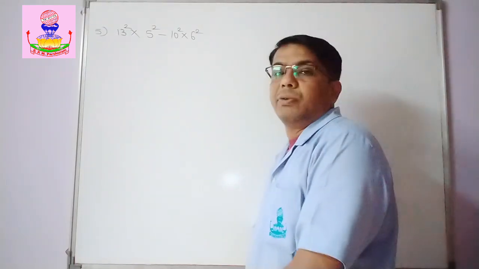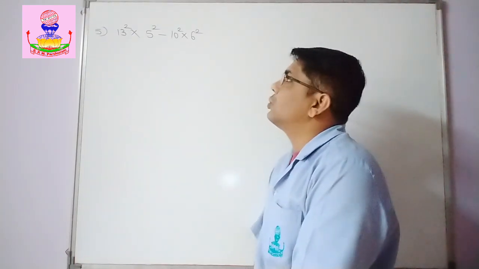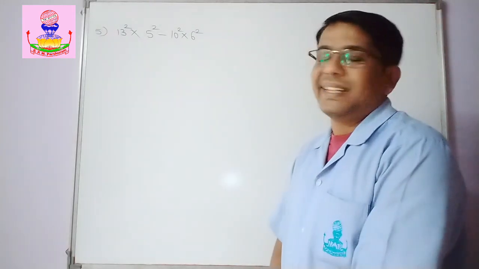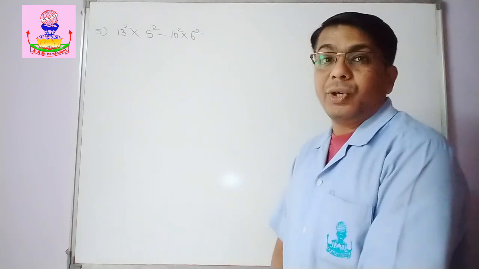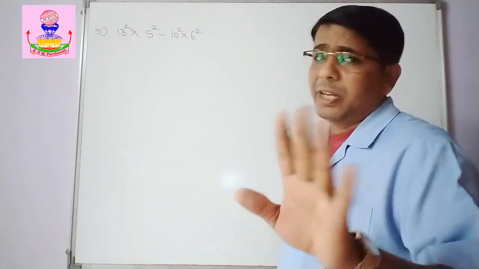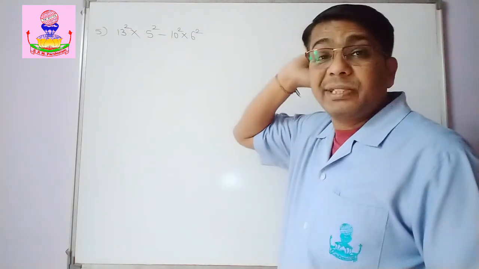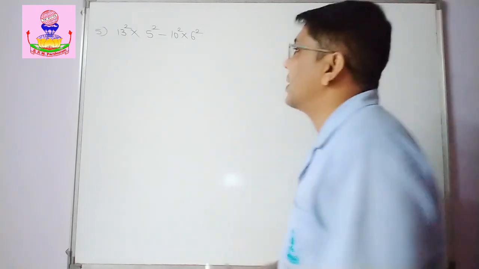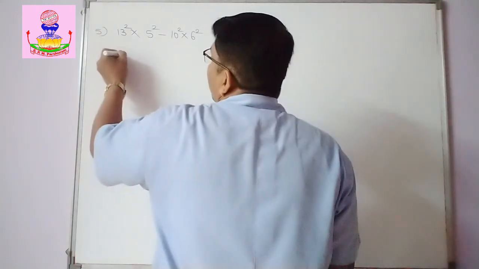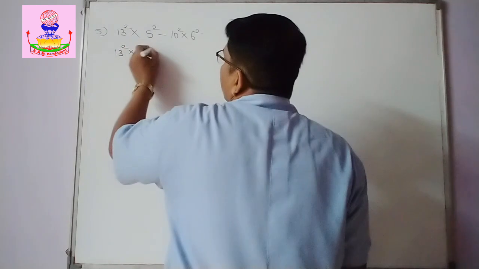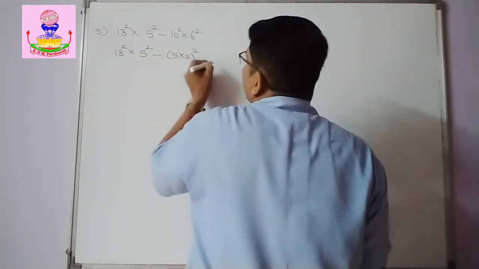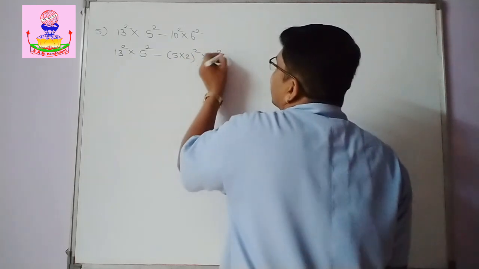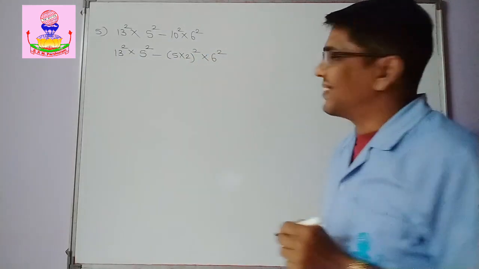Now see, 13 square into 5 square minus 10 square into 6 square. Now what to do? Nothing is common here. But I can write 10 as 5 into 2. So 13 square into 5 square minus 5 into 2 whole raised to 2 into 6 raised to 2.